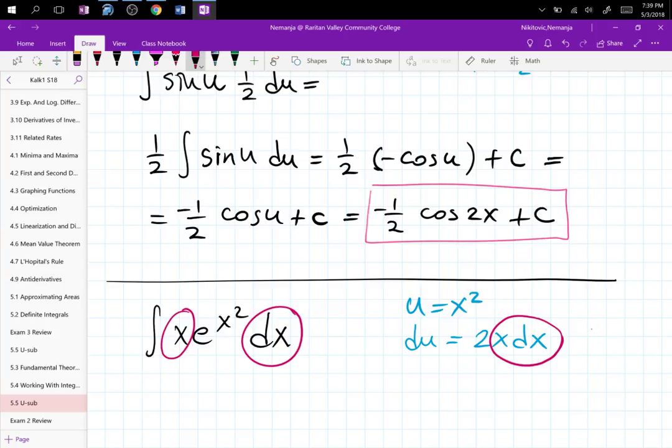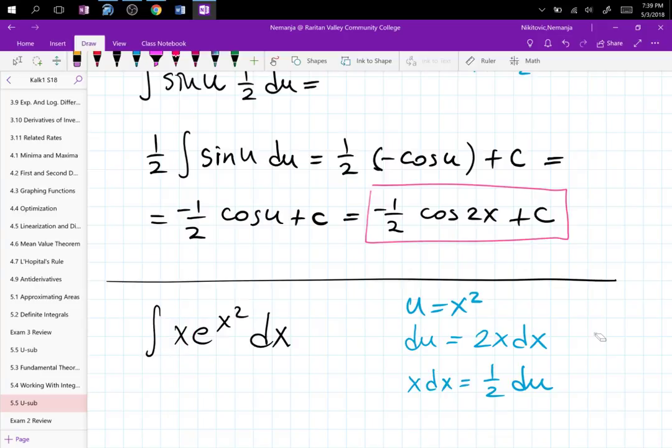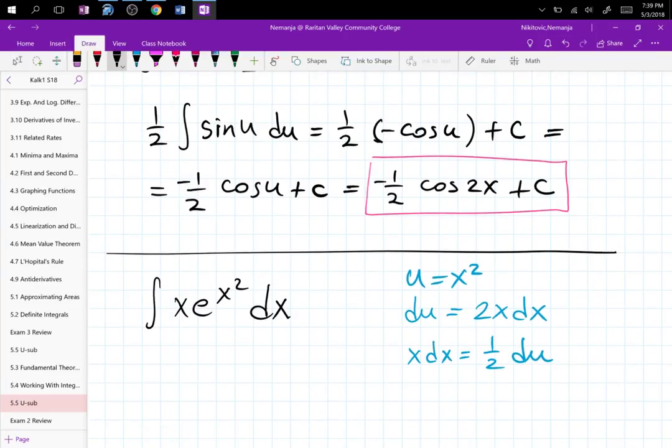So the only thing that you don't have is this 2. Well, you can ship that 2 to the other side. So that gives you that x dx is equal to 1/2 du. So now we can do our substitution. Instead of e to the x squared, I write e to the u. And instead of x dx, I am writing 1/2 du.